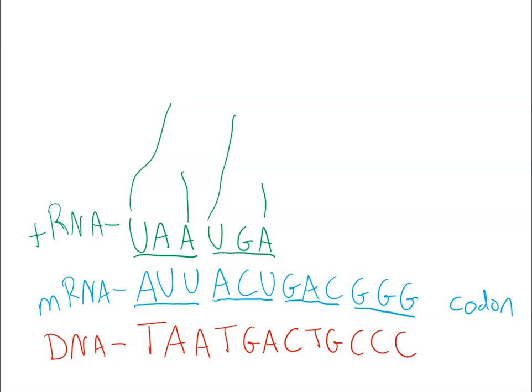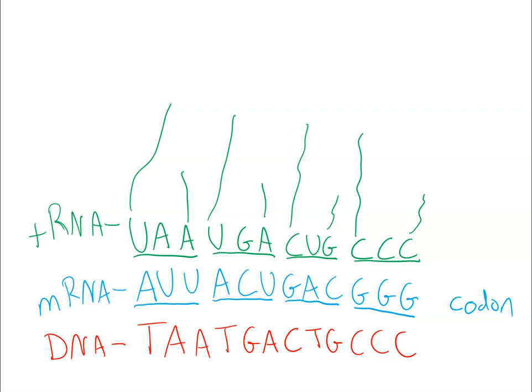The next codon in mRNA reads GAC, so the anticodon in tRNA will read CUG, and that's the rest of the tRNA. And lastly, we have the codon GGG. The anticodon is going to be CCC, and of course, there's the rest of the tRNA.